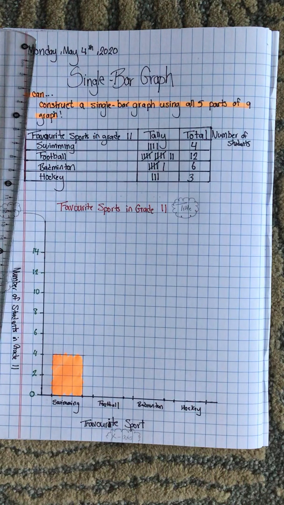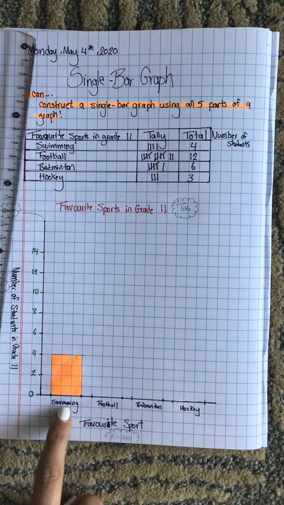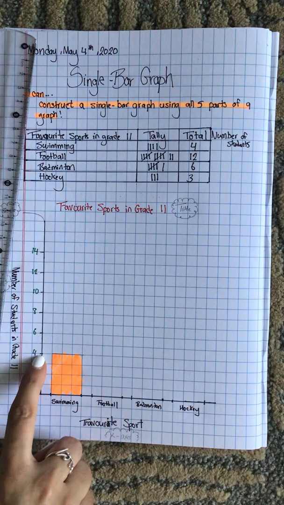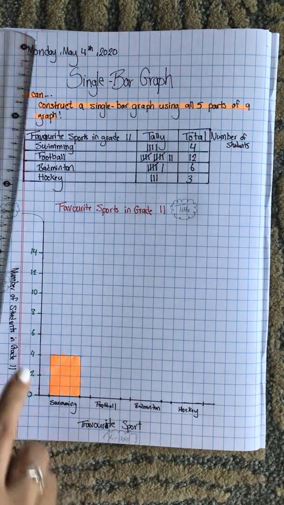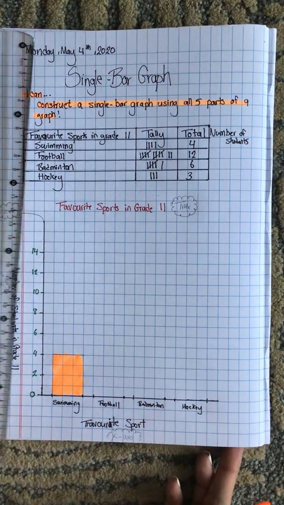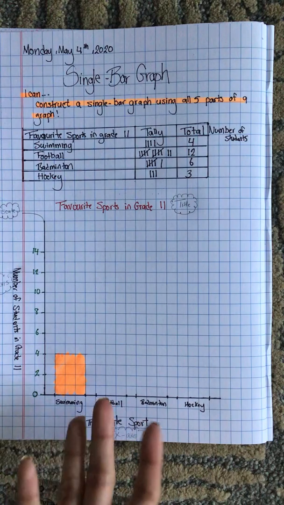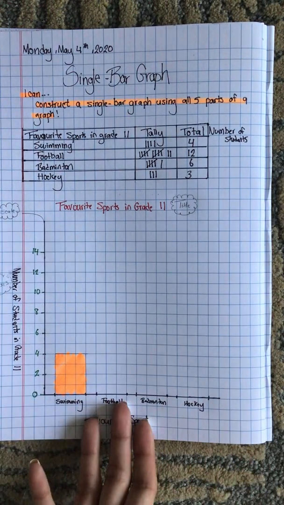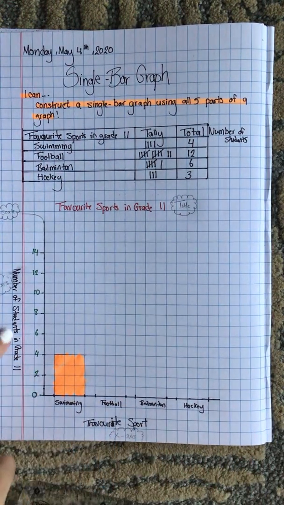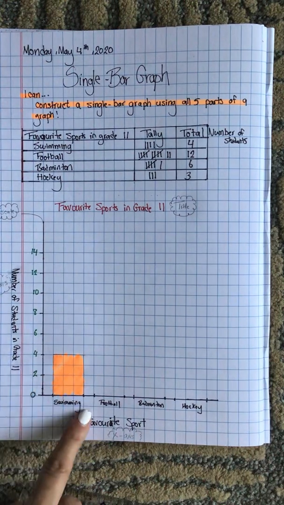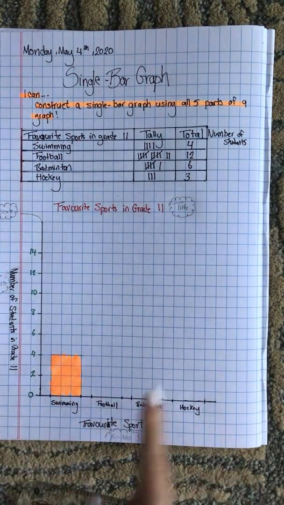That tells me that for swimming, there were 4 students whose favorite sport is swimming. That's one fact I can see right away. That was one of the questions on the quiz, which a lot of you did not do well on. One of the findings I can tell already from this graph is that 4 grade 11 students love swimming.